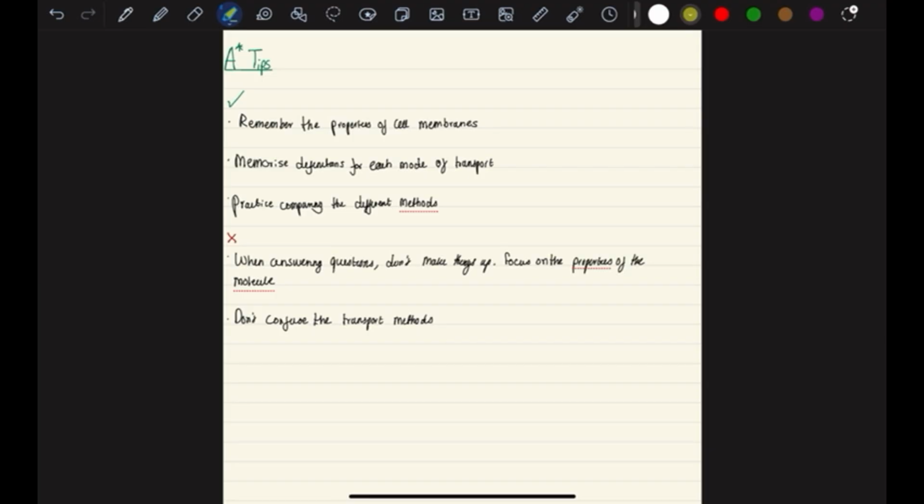And then I'd also say, don't confuse things, because this is something that you do at the very start of year 12. You might not think it's that important, because in the grand scheme of A-level biology, this isn't that difficult a topic. So just make sure that you don't confuse models. Like, don't confuse endocytosis and exocytosis. It's easier to do. You might think right now that that's not going to be me, but just be careful.